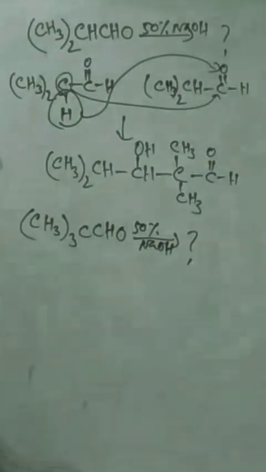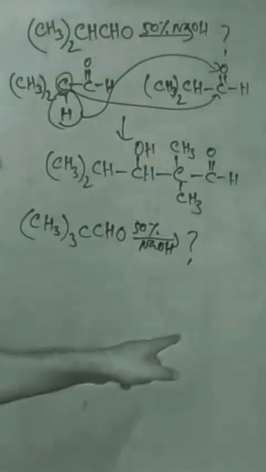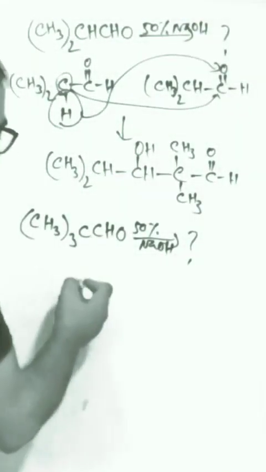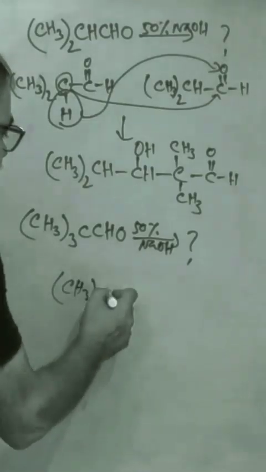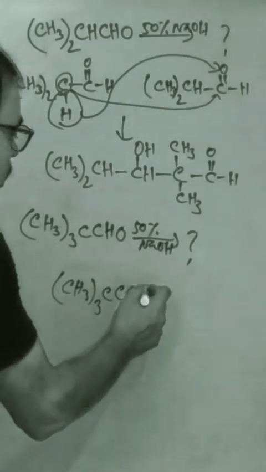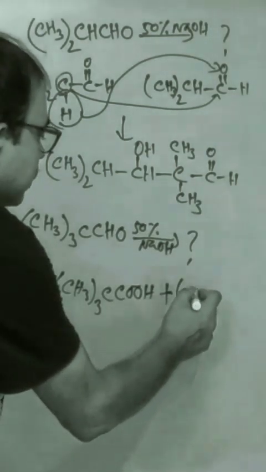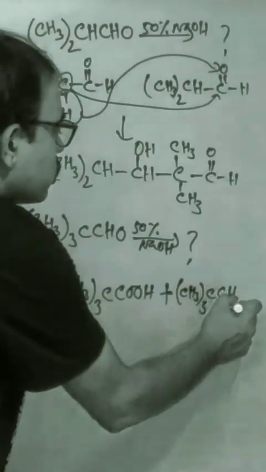The CHO group gets oxidized to form COOH, and again it gets reduced to form an alcohol, that is CH2OH. So the two products will be, one is (CH3)3C, then COOH, the oxidized form, and the other product formed is (CH3)3C, then CH2OH.